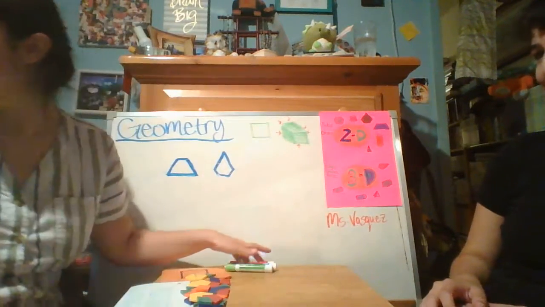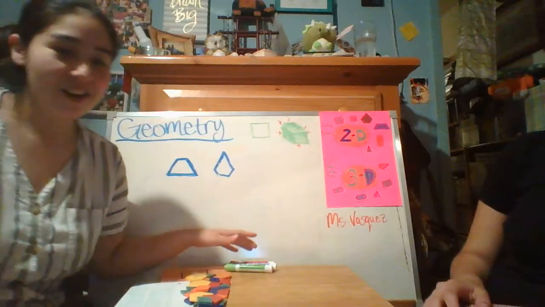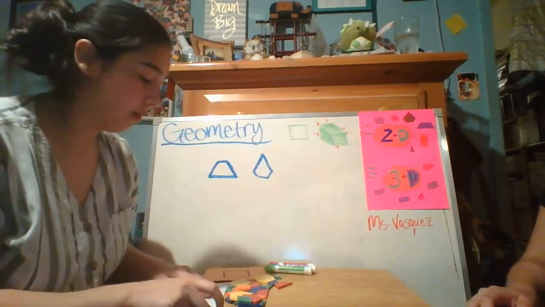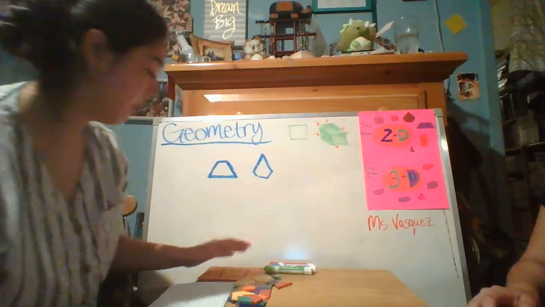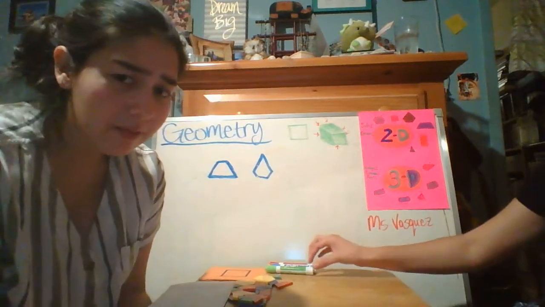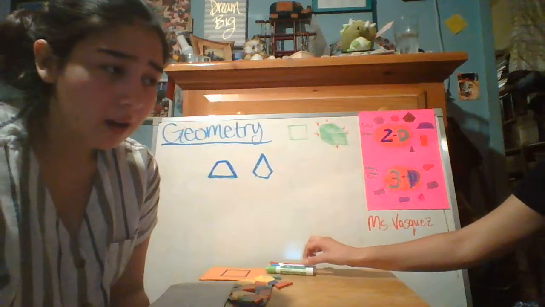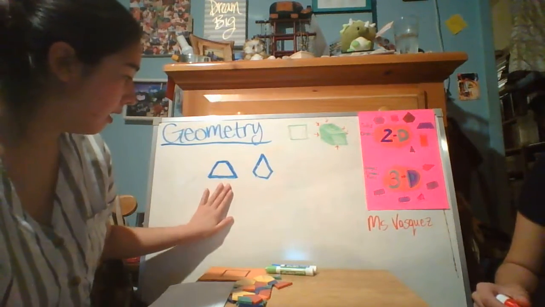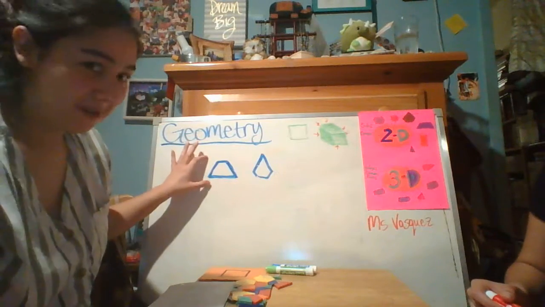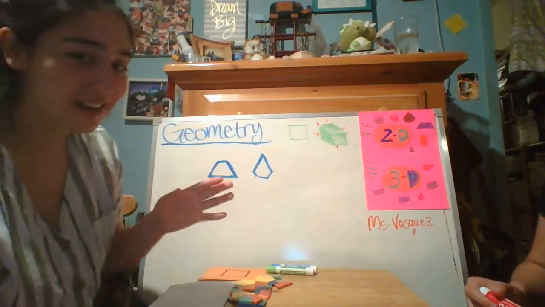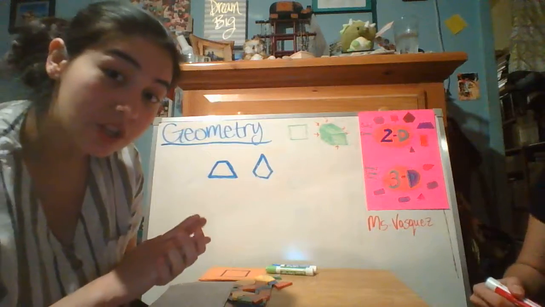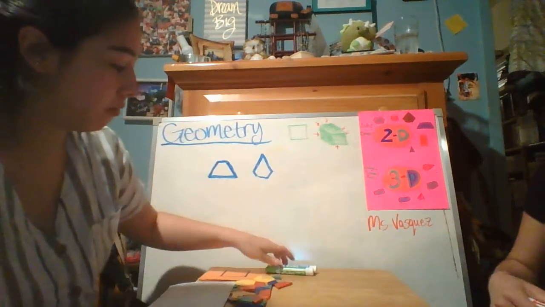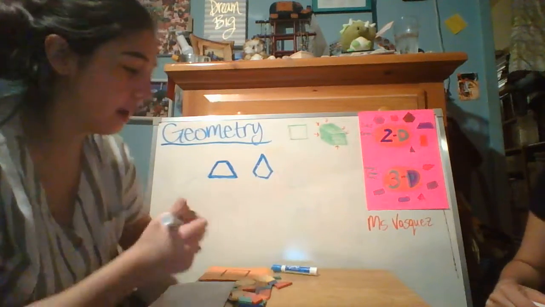Good job here. So for our final, we're going to be decomposing two-dimensional shapes. So basically with decomposing, we have an original shape, for example, this trapezoid, and we're going to see what other shapes can compose this trapezoid. So basically we're going to be breaking it down.